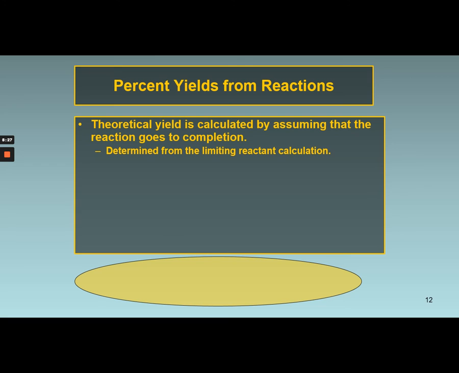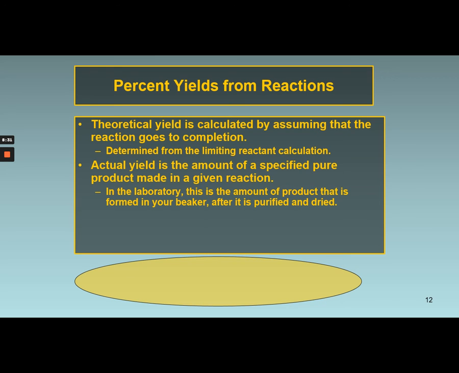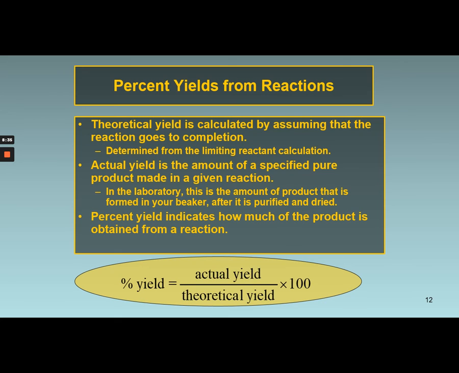You want to know how much you actually got and what your percent yield is. So it is the idea of taking what you actually obtained from the reaction divided by what you calculated from the theoretical yield from the limiting reactant, times 100. And the closer to 100 that you get, the better off your actual lab procedure was.